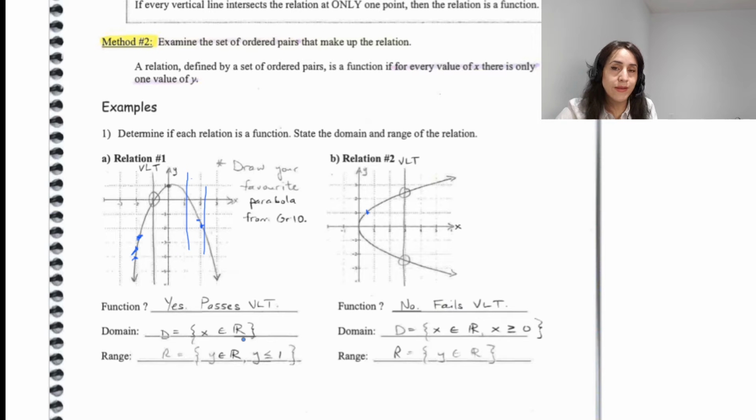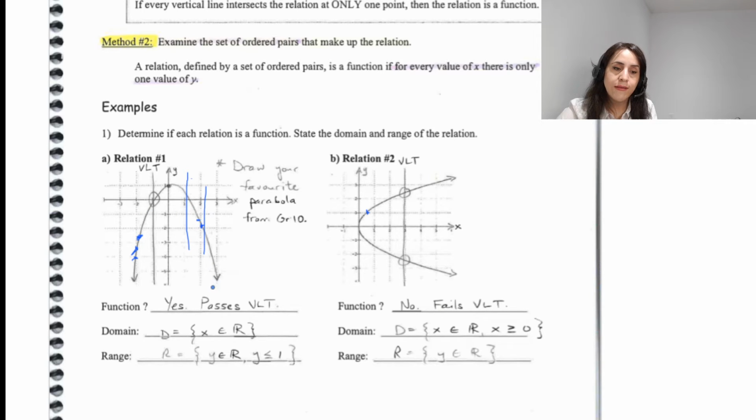Next step, is there any restriction or is there no restriction? For restriction, I'm going to check if there is any value for x that I cannot plug in or that doesn't exist in my graph. As you see here, I have an arrow at the end of this graph, which means the graph is continuing down. As long as the graph is continuing down and also going to the left side, it is including all of the x values on the negative side.